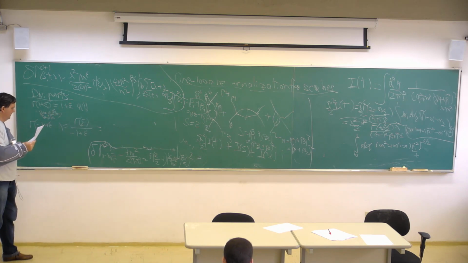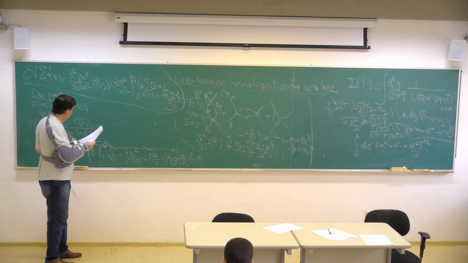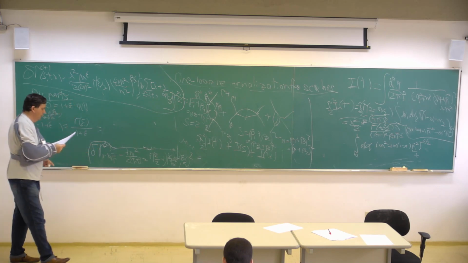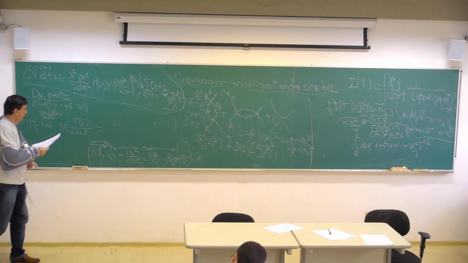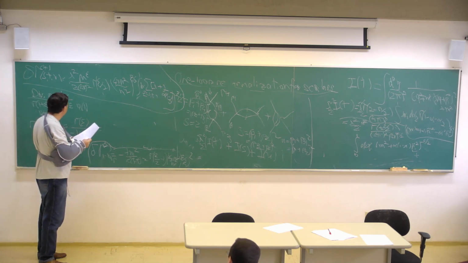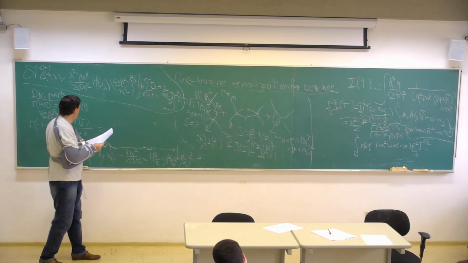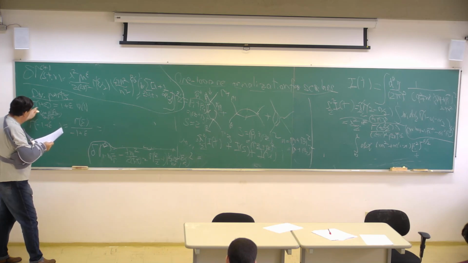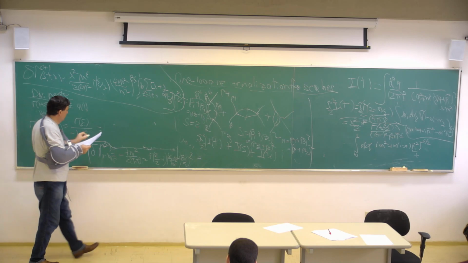Multiplied by the same something minus 1. But now I want to remember to write this also in terms of the divergent 1 over epsilon. So I have to relate again to gamma of 1 plus epsilon.